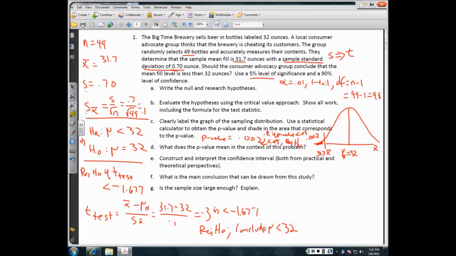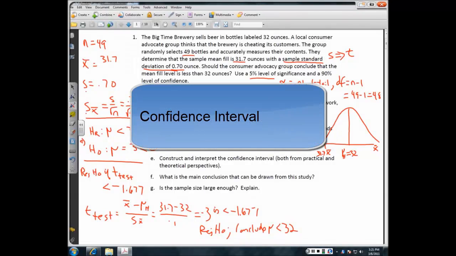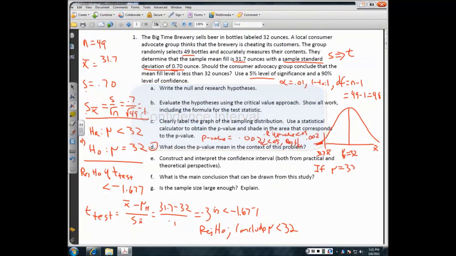If we wanted to go further, and we do, we can go ahead and have the same interpretation of this p-value that we did. I'm looking at part D now, that we did on the previous exam. Same exact interpretation, or at least method. If mu is equal to 32, if the population mean is equal to 32, then there is a 0.002, or very small chance, of observing a sample mean less than or equal to 31.7.